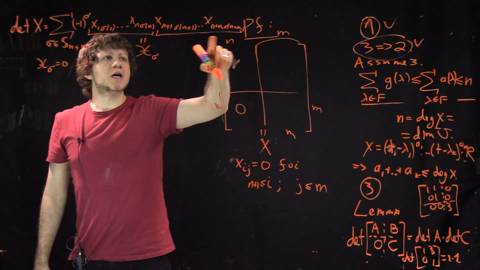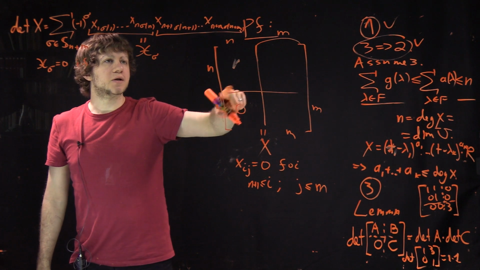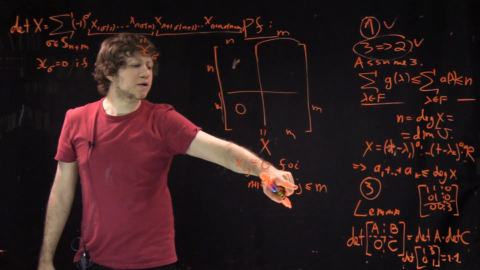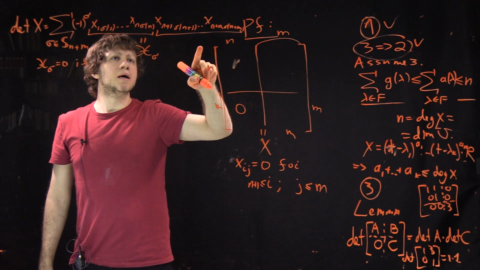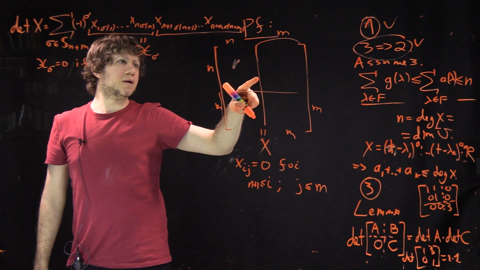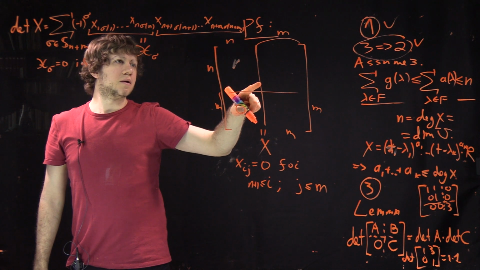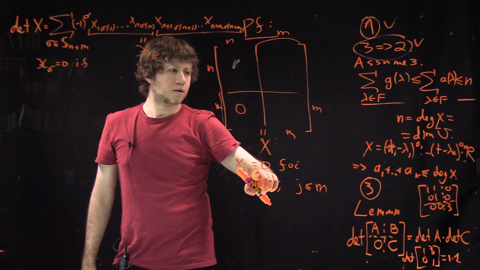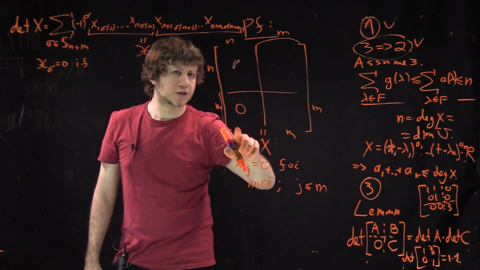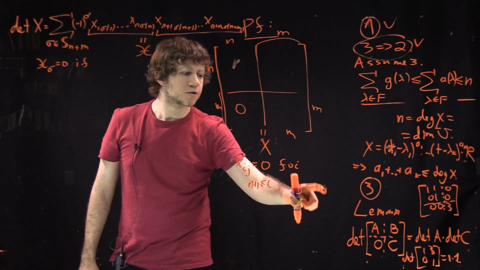So we need to look just at these terms, only then they can appear here, and they equal 0 if one of these guys, the second part, is less or equal than n.